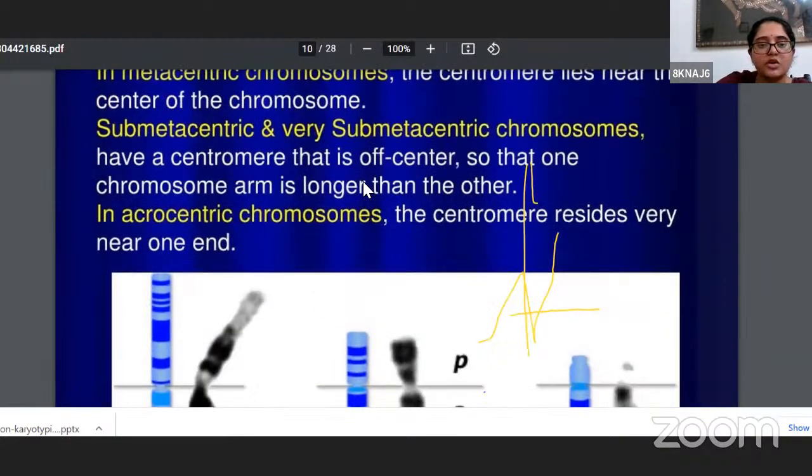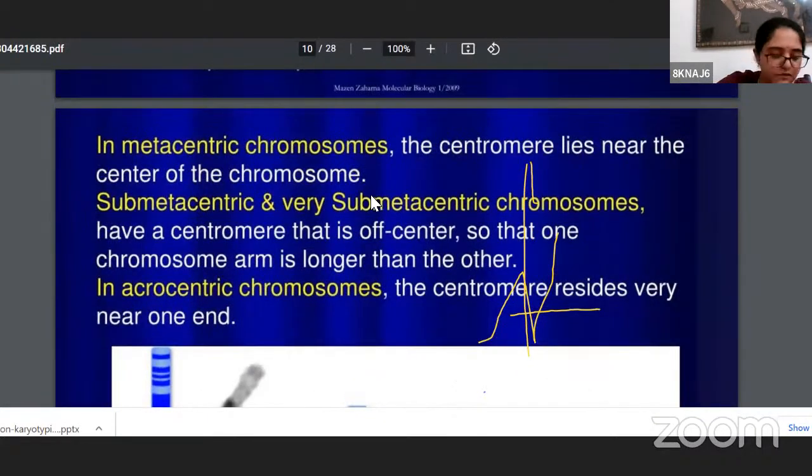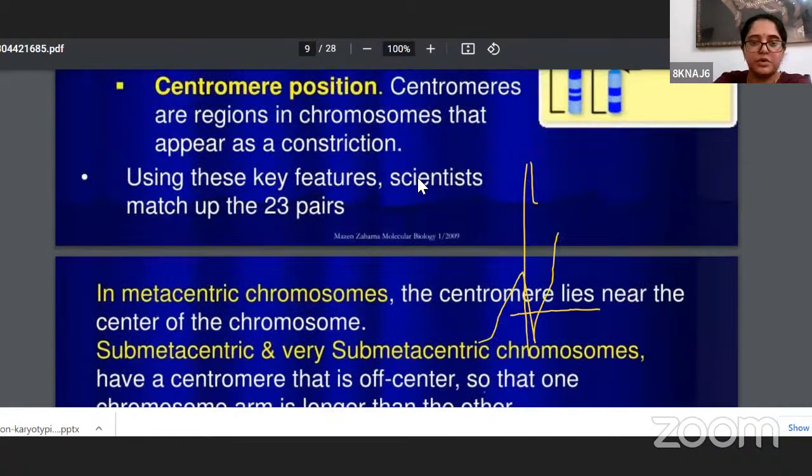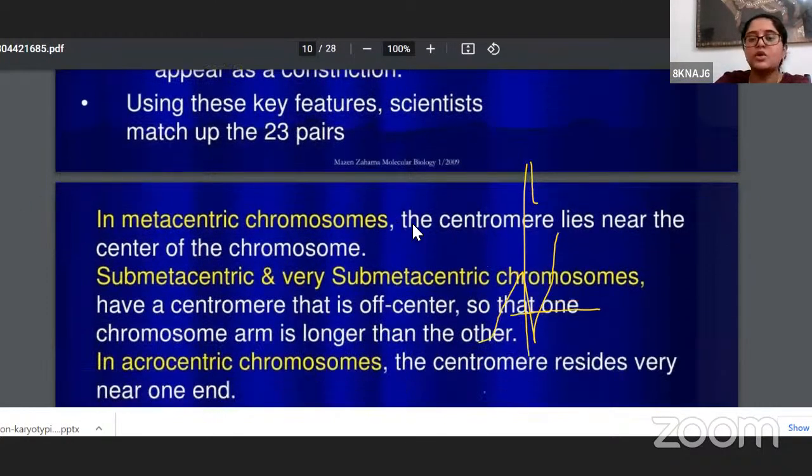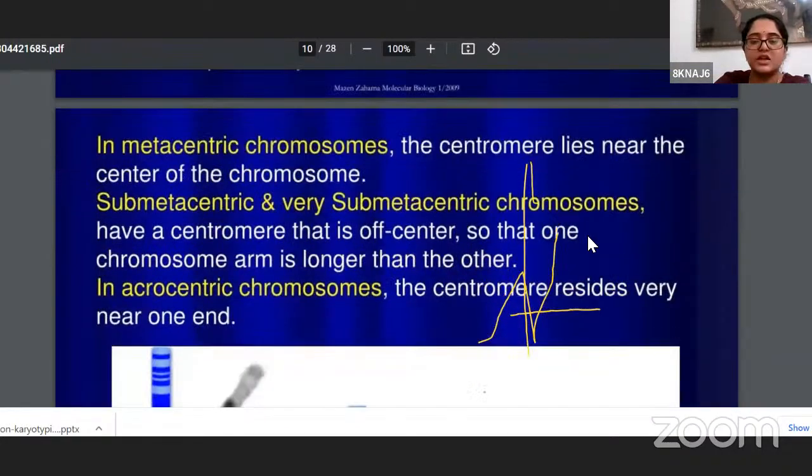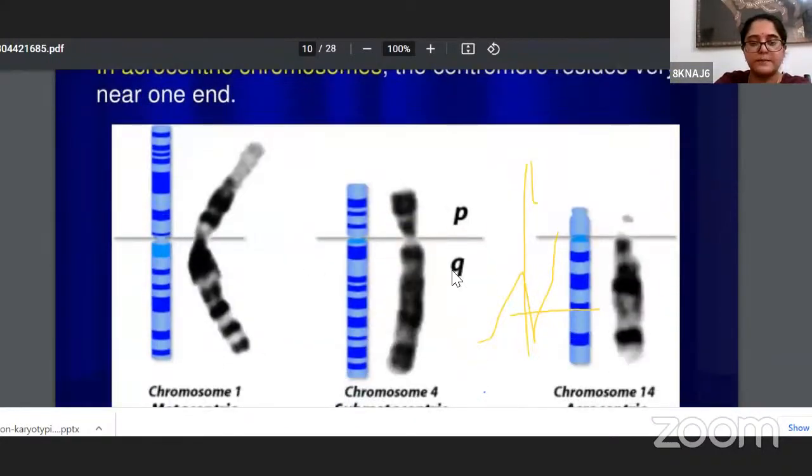So for the metacentric chromosomes, you have different kinds of identification based on the centromere. In metacentric chromosomes, the centromere lies in the center of the chromosome. See here, like this.